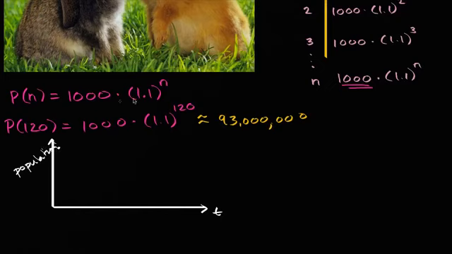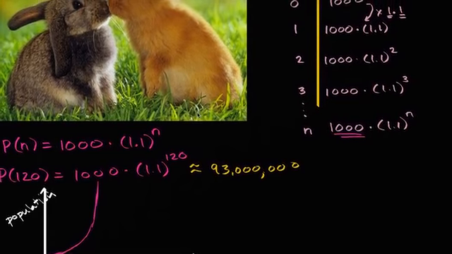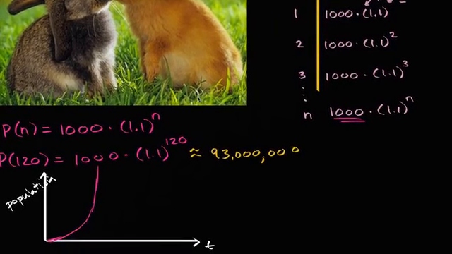This type of function is an exponential function. And so your population as a function of time is going to look like this. It's going to have this kind of hockey stick J shape right over here. And if you let these rabbits reproduce long enough, they would frankly take over the planet if they had enough food and if they had enough space to do it.